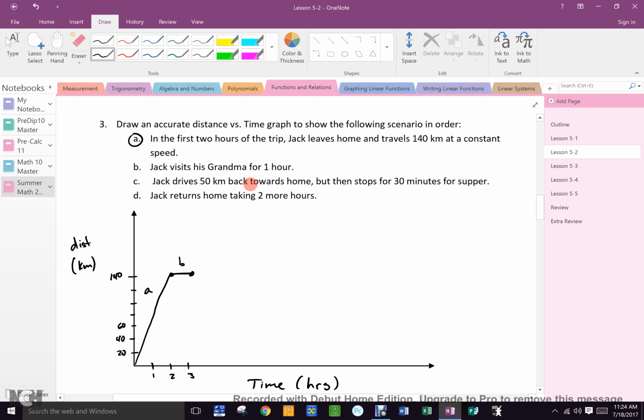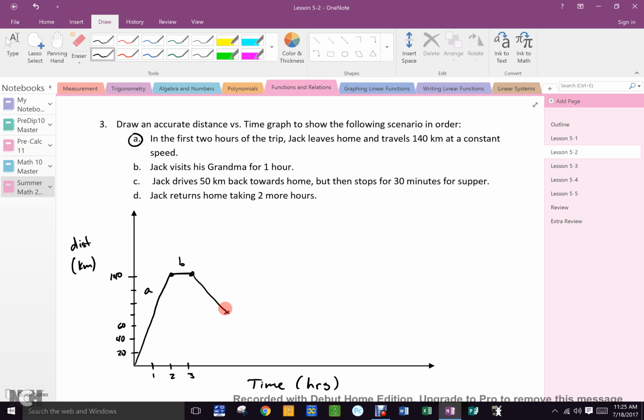So you got to guess that. But 50 kilometers, I got to go back down to 90, yeah? So 20, 40, I got to come back down somewhere to around 90 here. Everybody agree? How many people drew this line? Put your hand up if you bothered to draw it.